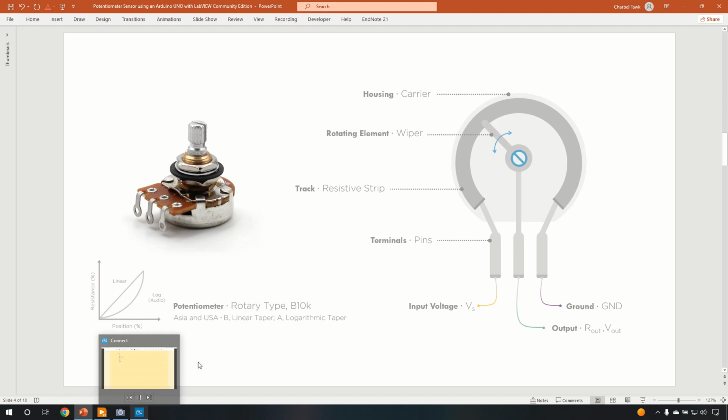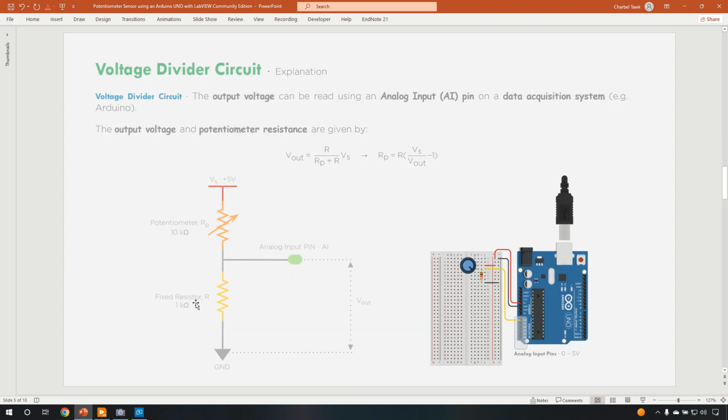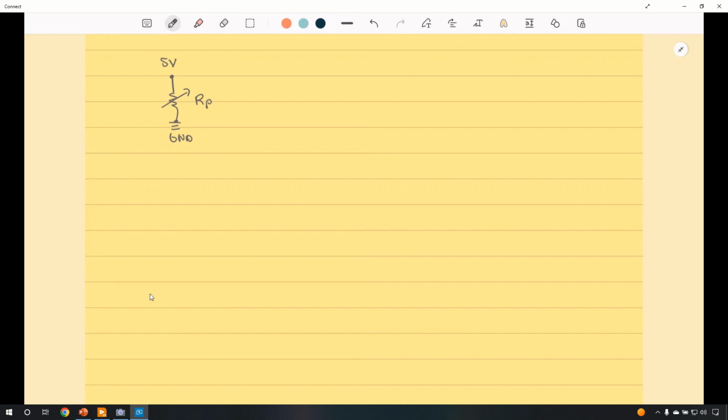So this is exactly what we are going to do here by ignoring the 1 kilo ohm resistor that we have seen here. And now we are just modeling the potentiometer on its own for you to have a full understanding of a potentiometer and to understand that essentially it's a voltage divider. So here, in other words, for the potentiometer, we'll redraw it or model it as a resistor.